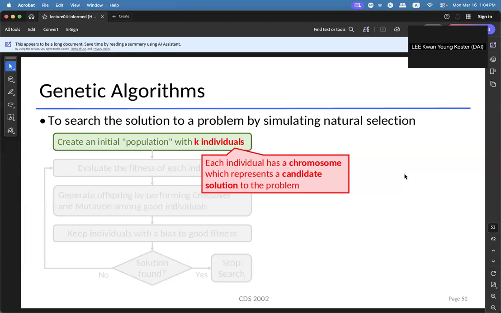Let me repeat. I understand that it is very complicated to understand. So in biology, you learn that the organisms are surviving in the environment with the natural selection paradigm. The core concept is that an organism, when it reproduces, will reproduce a lot of offspring.